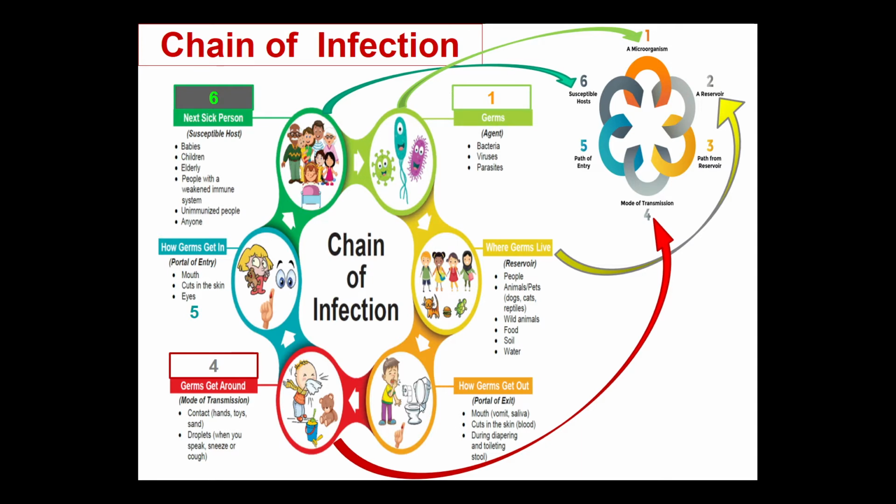Portals of entry may be cuts in the skin, when bacteria enter the blood, and other routes, such as eating food. So germs may enter susceptible people through the portal of entry, such as the gastrointestinal tract or blood.